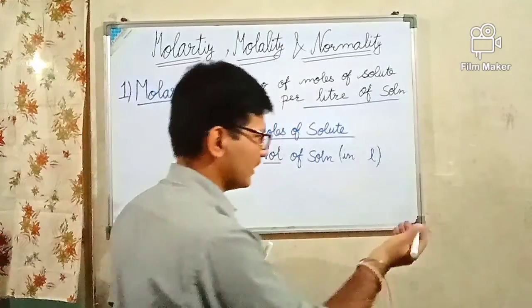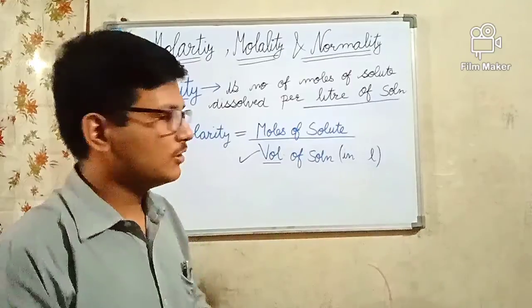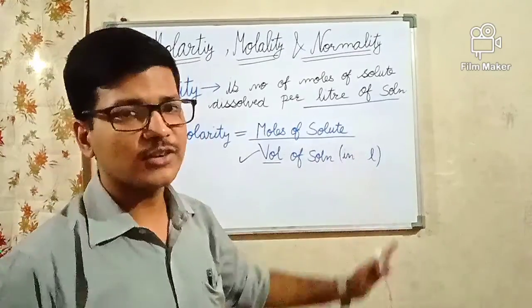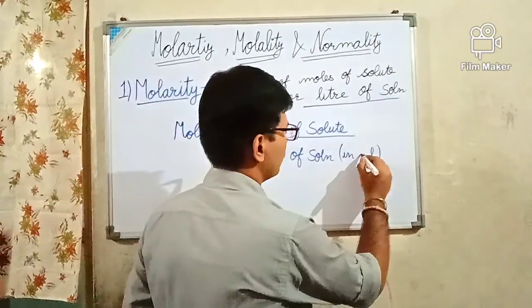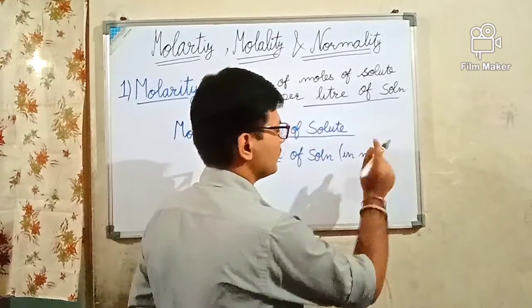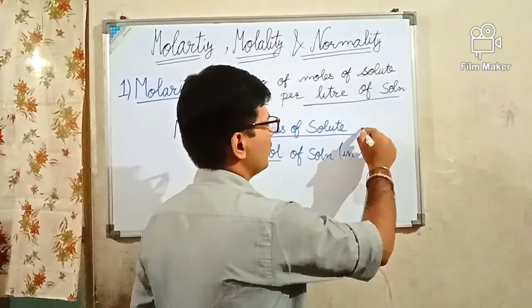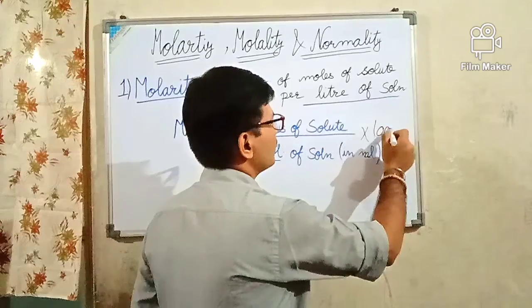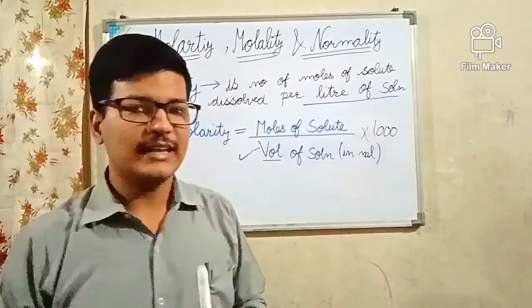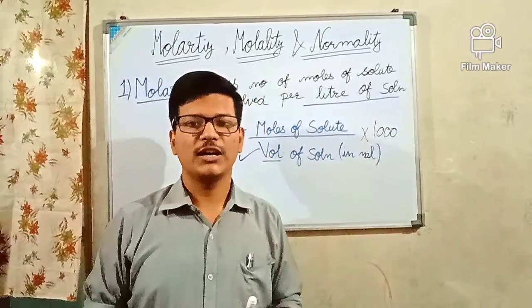But most of the time, when we do the numericals, this volume is given in terms of milliliter. So when we take it in terms of milliliter, we will multiply it by 1000, because we know that 1 liter equals 1000 milliliter.